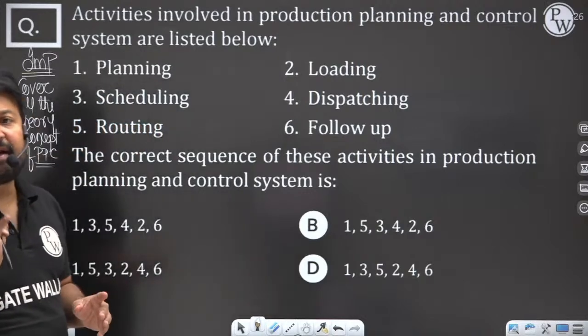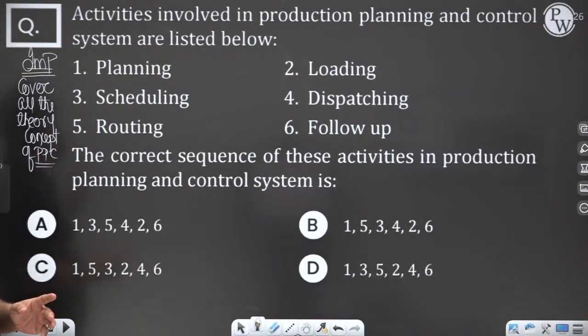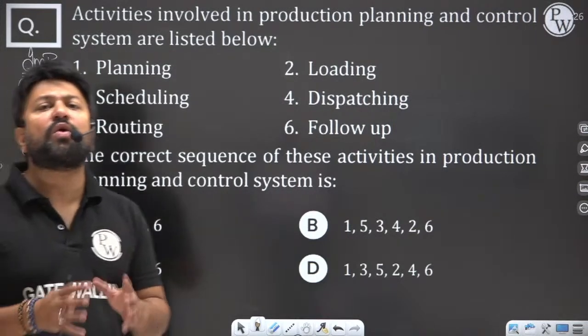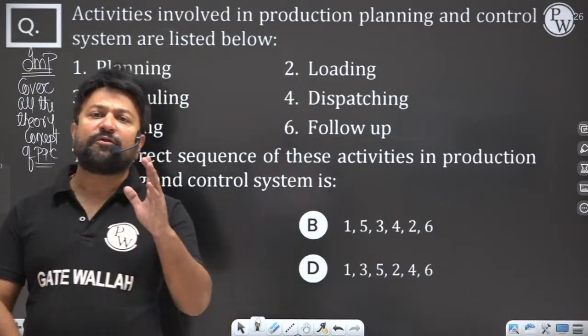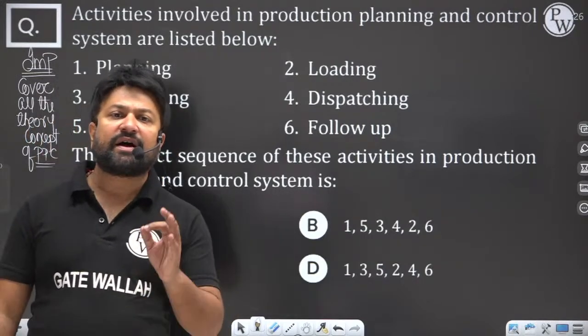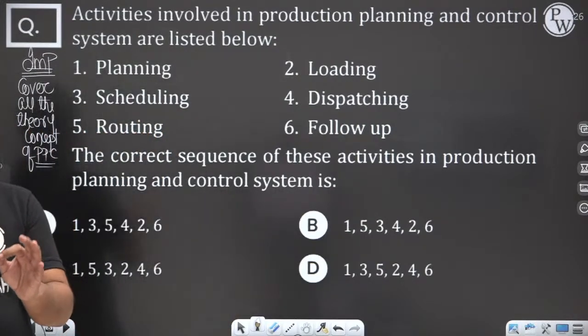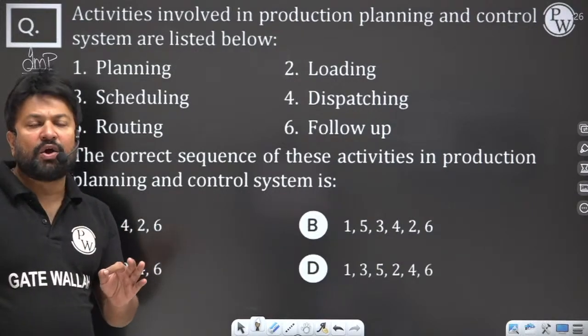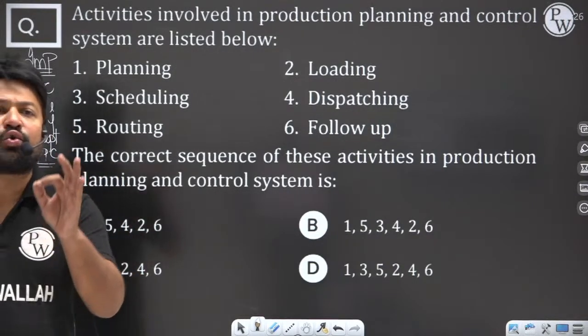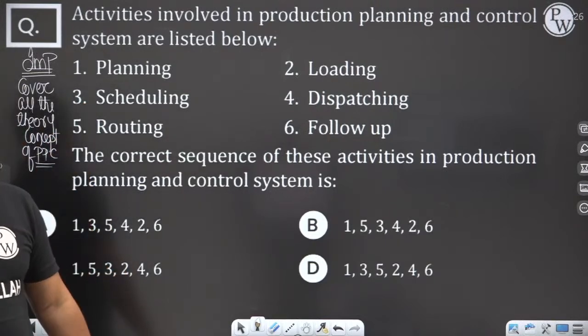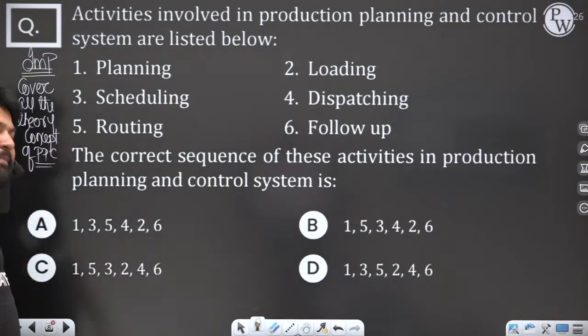So authorizing a production work order to be launched here. And the next is follow up. This function of PPC deals with the control or the feedback part to ensure a smooth running of all the previous operations.